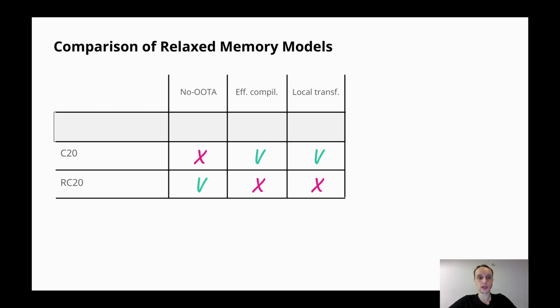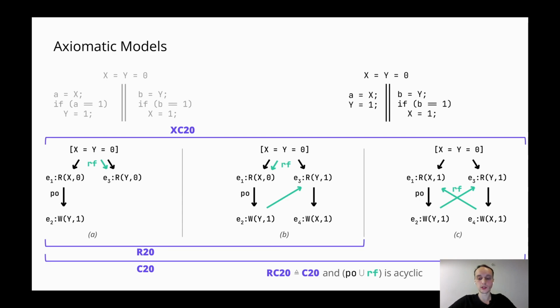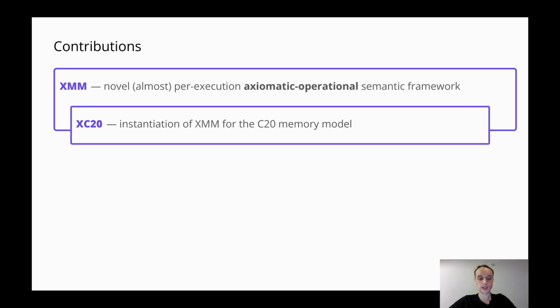In our paper, we address this challenge by proposing a novel memory model called XMM. XMM eliminates thin air outcomes while supporting efficient compilation and local program transformations, such as instruction reorderings and instruction eliminations. As such, the first contribution of our paper is a novel axiomatic operational semantic framework for relaxed memory models, XMM.